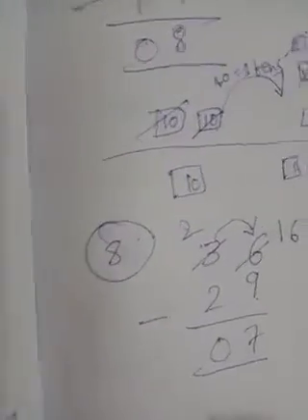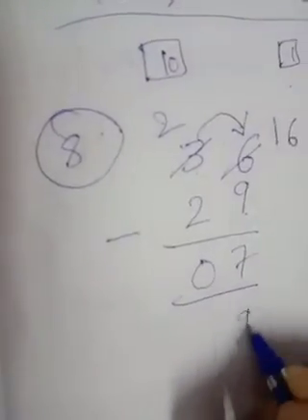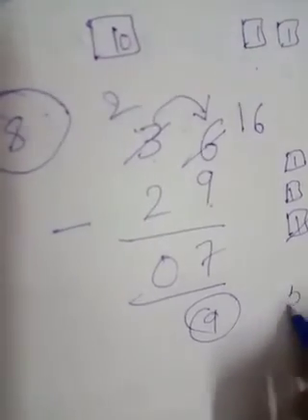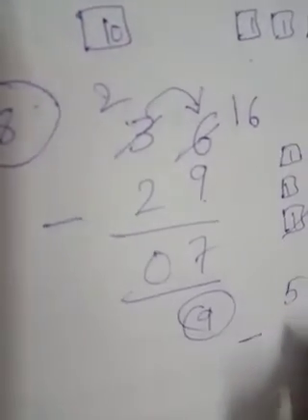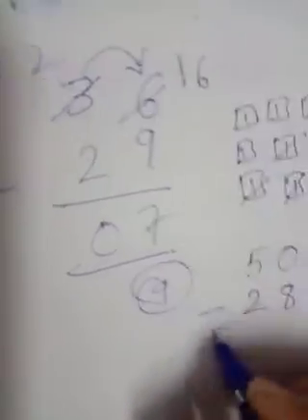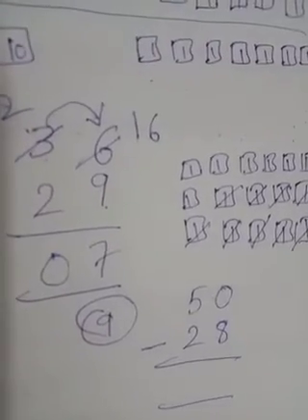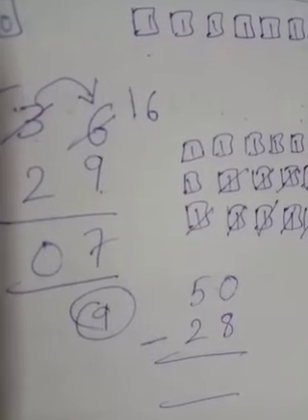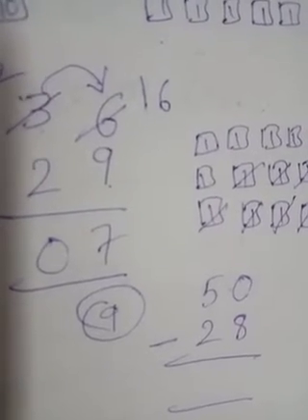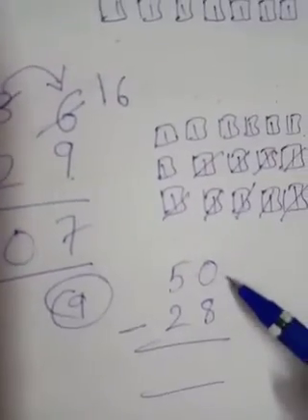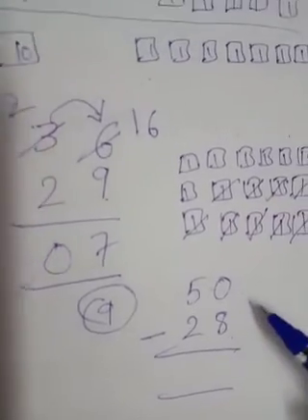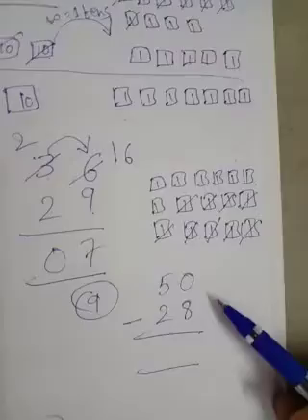So next one. 50 minus 28. So have you observed, children? Is subtraction directly possible? No, not possible. Why? Because in the ones place the top number is small and the bottom number is big. So subtraction is directly not possible.